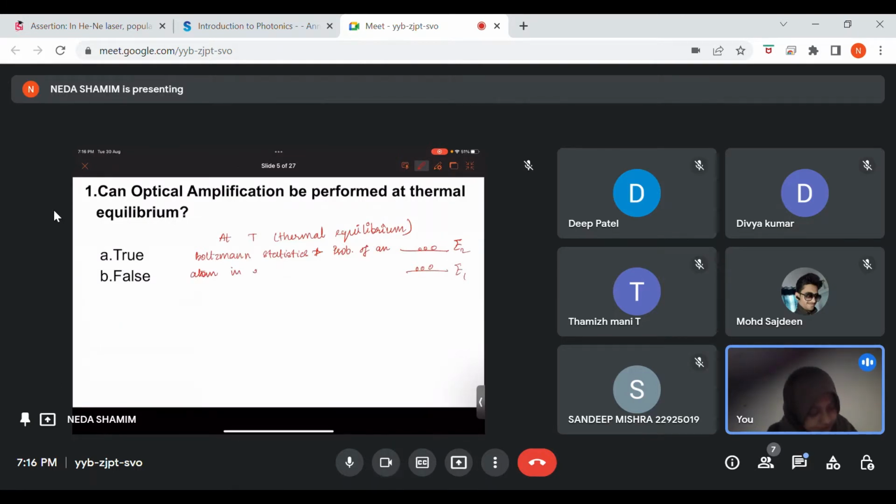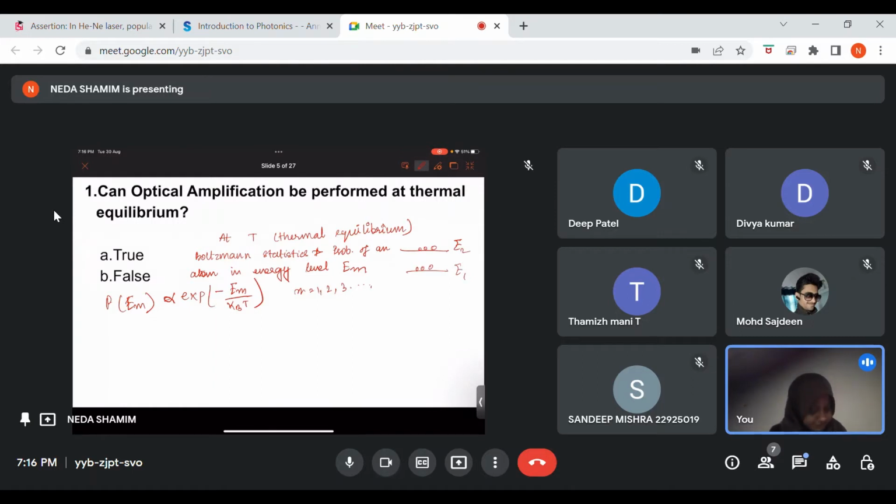The probability of an atom being in energy level Em is proportional to the exponential of minus Em by kBT, where kB is the Boltzmann constant, and here m is the first energy level, second energy level, third energy level, and so on.